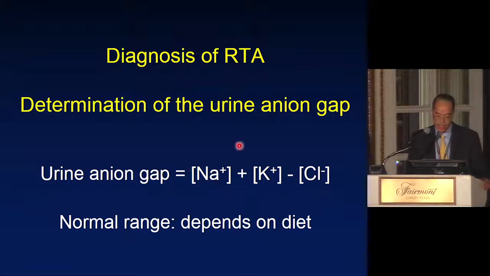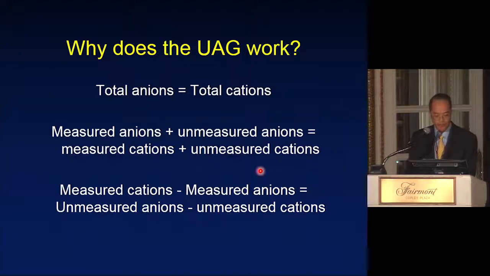And in our version of it, which is the conventional version, we don't include bicarbonate, because most urines don't have much bicarbonate, and it's very hard to measure by a lab. What's the normal range? It depends. There's no real normal range, and it really depends largely on one's diet.